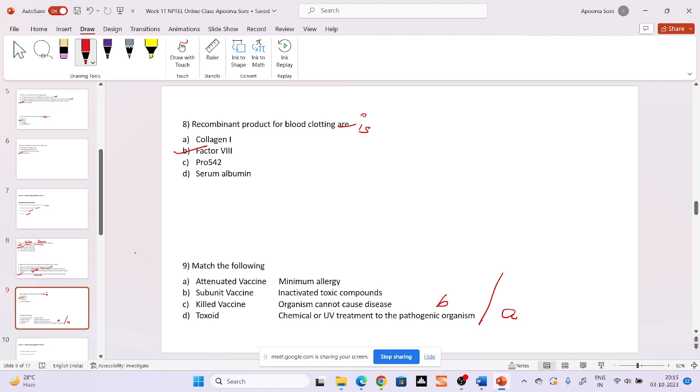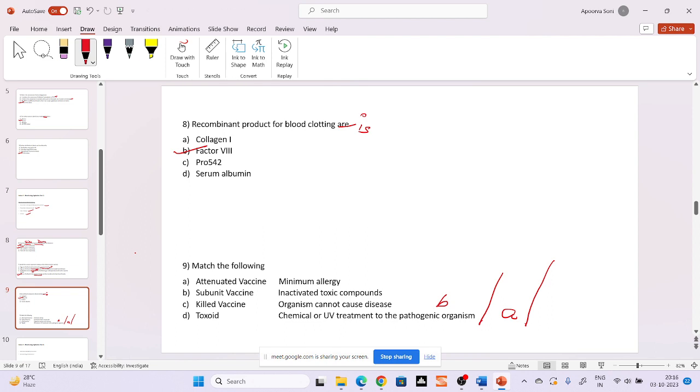I'm getting confused. So can you just give me in a message, like everybody has different answers. Okay, again we'll go one by one. So for attenuated vaccines, what is the answer? Like, the maximum number of people, what are they saying? For attenuated vaccines, what are you saying?